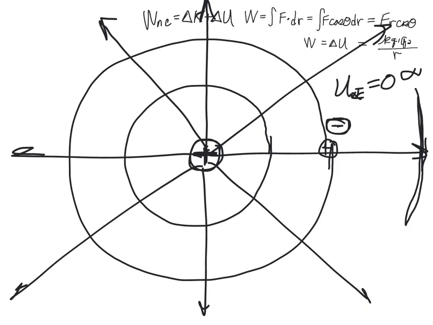And this is actually a physical thing. So if I move a negative charge this way, its negative energy increases. In other words, it's like going from a hole into a deeper hole.